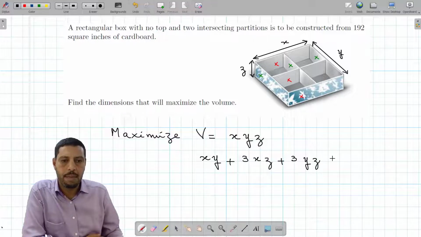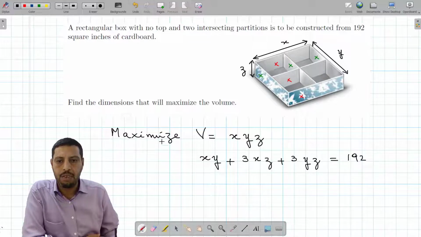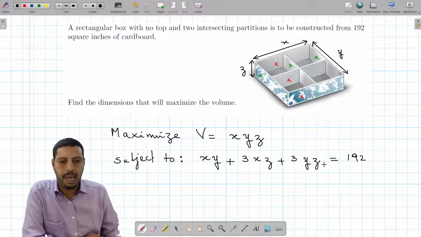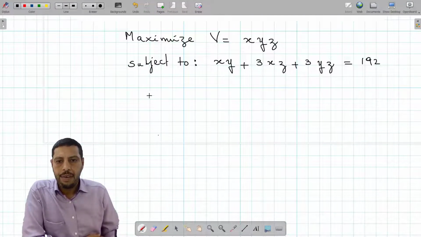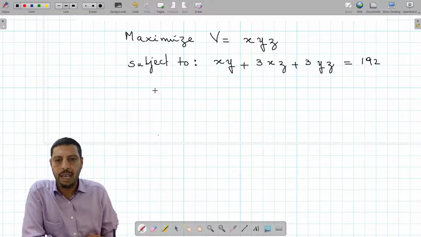This is the surface. It must be equal to 192. So our maximization problem is: maximize V subject to the condition xy plus 3xz plus 3yz equals 192. Now we're going to use Lagrange multipliers to solve this. First of all, you have to write your constraint as a function g(x,y,z) equals 0.